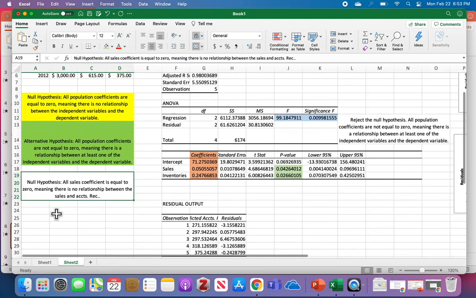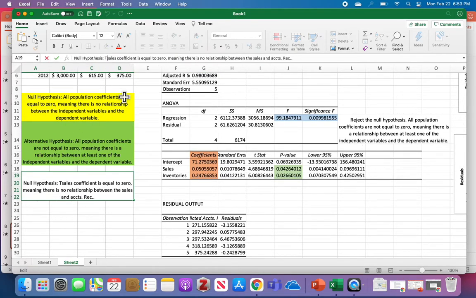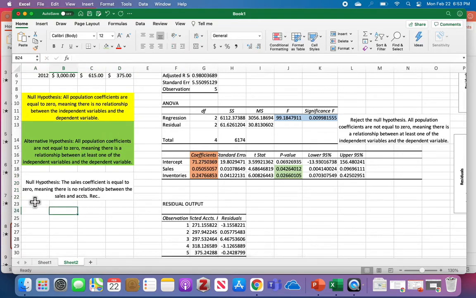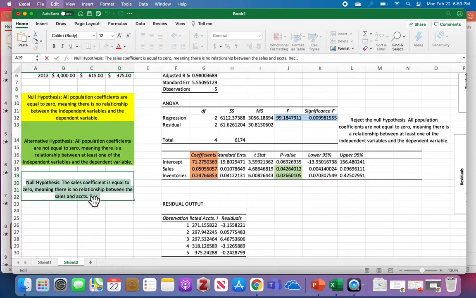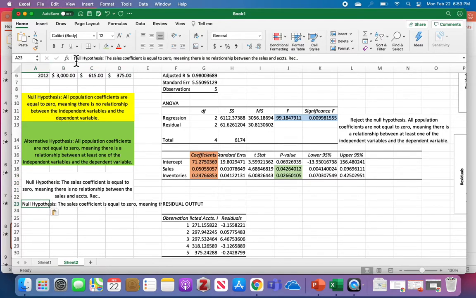The sales coefficient is equal to 0 is your null. Then the alternative is that the sales coefficient is not equal to 0, meaning there is a relationship between sales and accounts receivable.